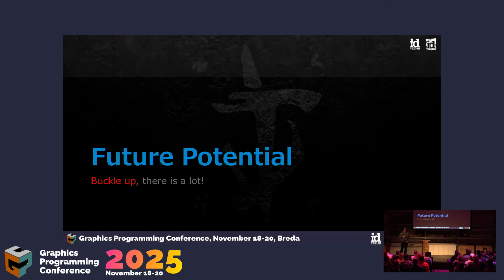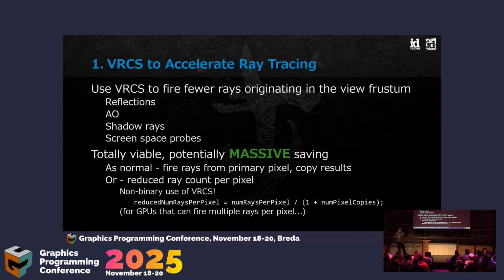So we shipped it, but there's a lot more we could do. There's a lot we could fix. So I want to spend some time to share thoughts there. The first one is we could use this to accelerate ray tracing in a big way, and there is huge potential here. There are an awful lot of ray trace passes where the rays originate in the visible frustum, and we could do just the normal thing with VRCS.